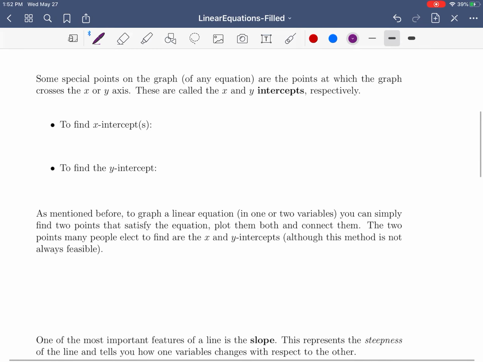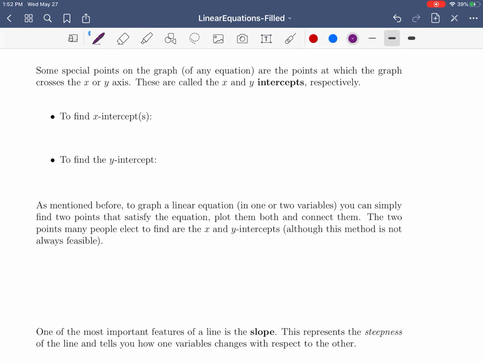Now, some special points that are on the graph, or on any graph actually, no matter the equation, are the points where the graph crosses the x or y axis. Okay, these are called the x and y intercepts, respectively. So, if we have our x-axis and our y-axis, if I have a point on the x-axis, that means that I have not moved up or down.